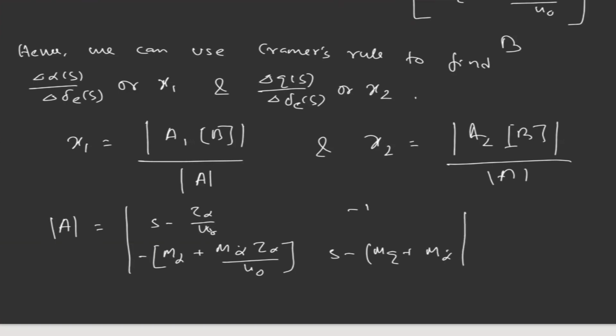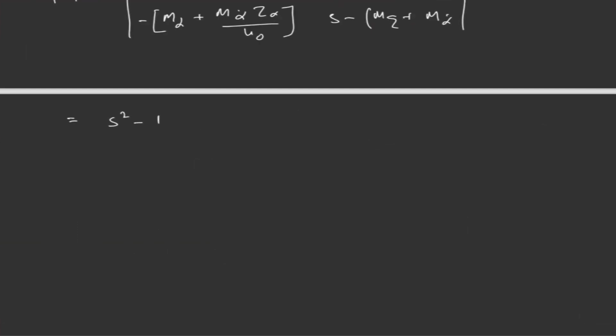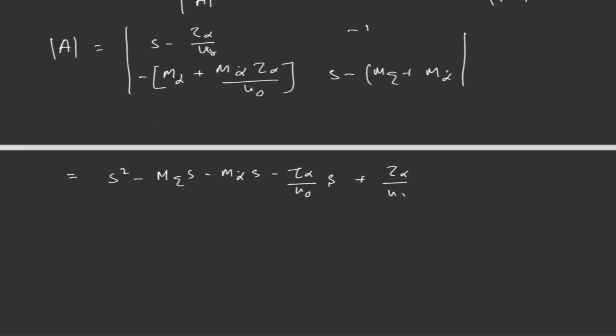If we take the determinant of this, we have s squared minus mq s minus m alpha dot s minus g alpha divided by u naught s plus g alpha divided by u naught mq plus g alpha divided by u naught m alpha dot minus m alpha minus m alpha dot g alpha divided by u naught.